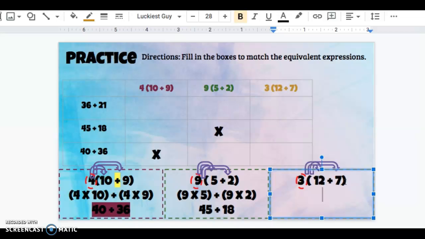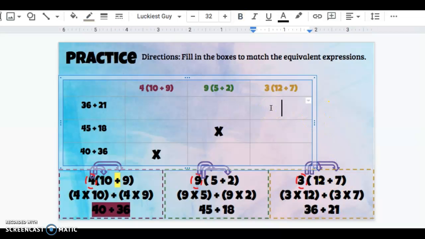So then I do 3 gave me candy, plus 3 gave my best friend candy. So 3 times 12 is 36, plus 3 times 7 is 21.